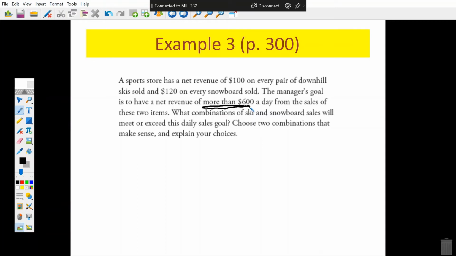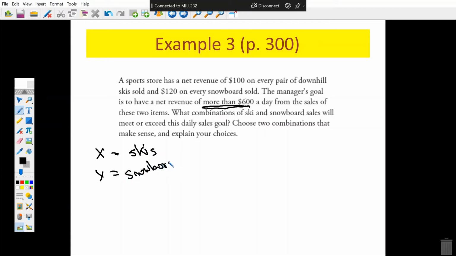So the first thing we have to do, if you remember any problem-solving question, is identify what those two variables are. What are we trying to find? Well, let's say X is skis and Y is snowboards.